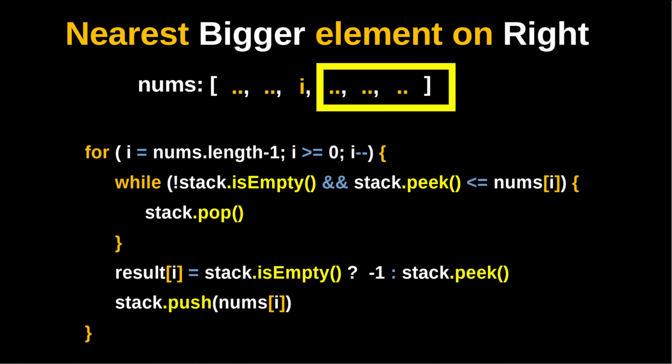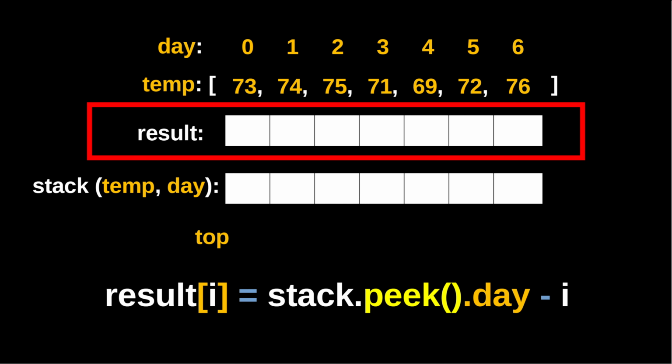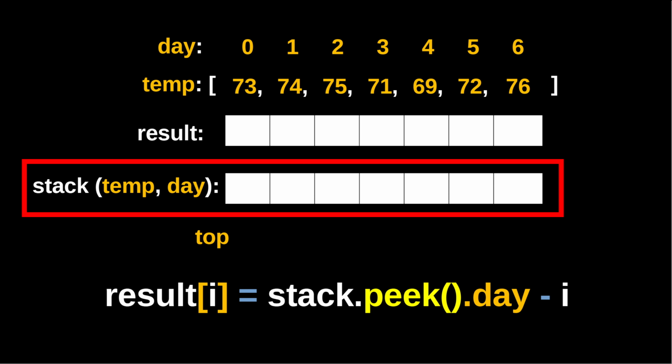For this question, we need a results array where we're going to store the number of days difference between the next warmer temperature and the current one. We are populating the stack from right to left, and what we're going to store in the stack is a tuple, which contains the temperature and also the day. And the day here is basically the index of the array.